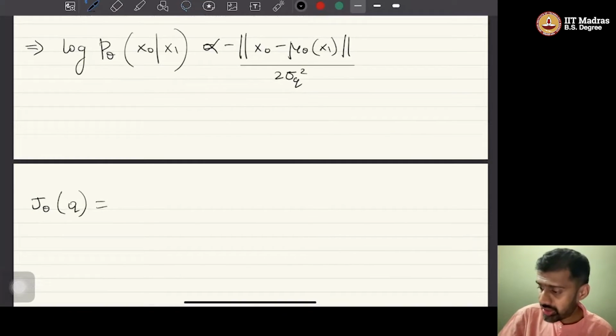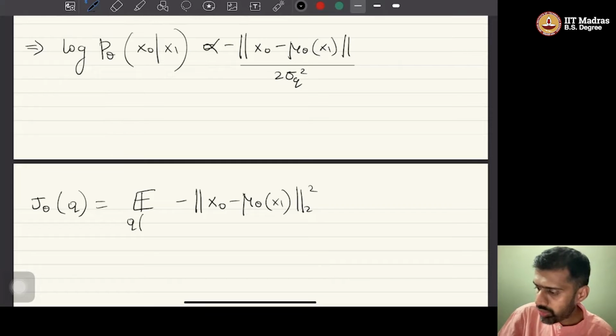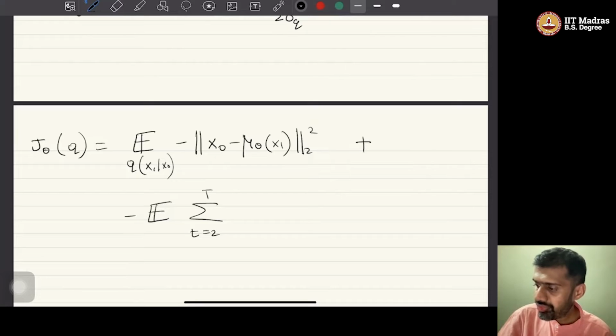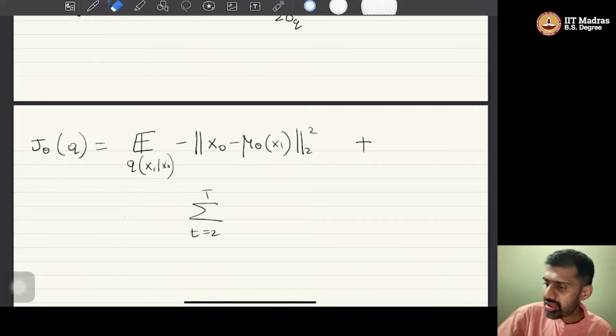So this is equal to the expectation of minus x naught minus mu theta of x1 squared, with respect to q of x1 given x naught. This is the first term, and we have plus minus the expectation of the sum from t equal to 2 to capital T. Expectation is a linear operator, so I can write it inside, but anyway.